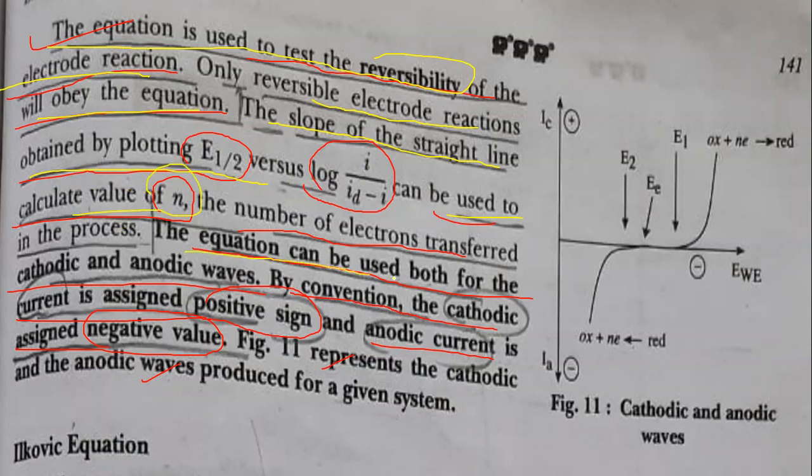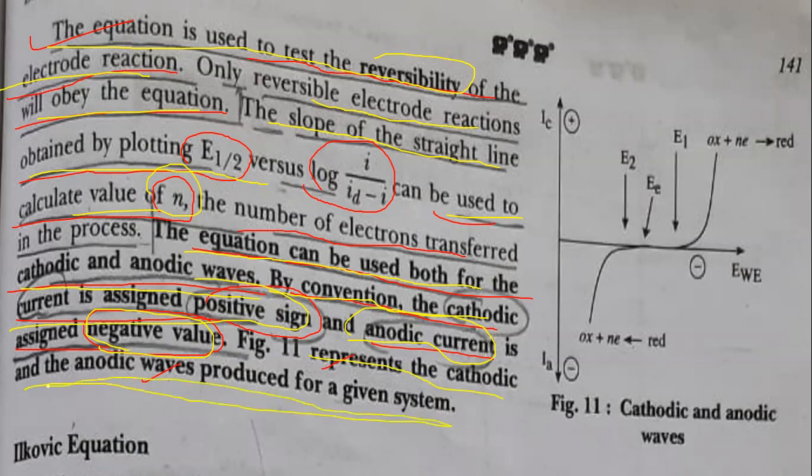The equation can be used for both cathodic and anodic waves. By convention, the cathodic current is assigned a positive sign and the anodic current is assigned a negative sign. So it represents the cathodic and anodic waves produced for a given system.